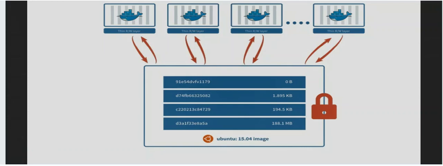So this isolation is possible because of something that was invented for the Linux kernel. The Linux kernel has a very special feature called namespaces and cgroups, cgroups as in control groups.